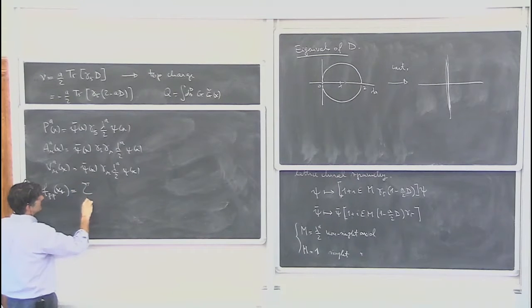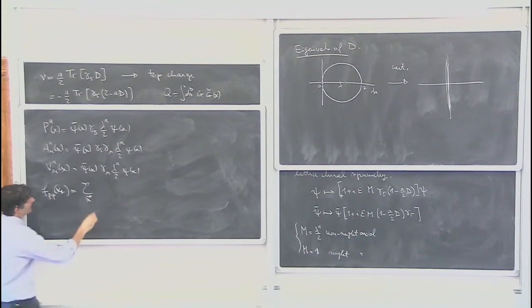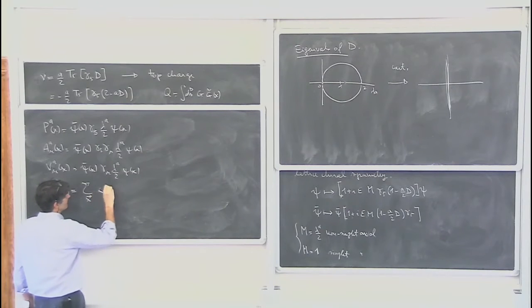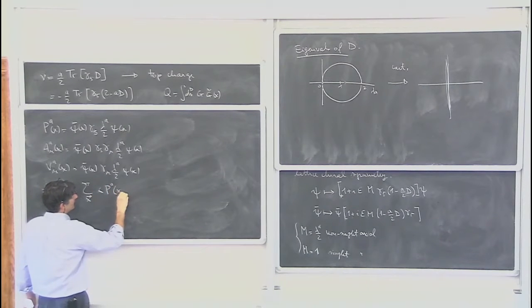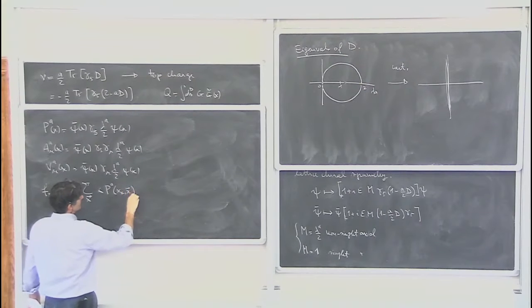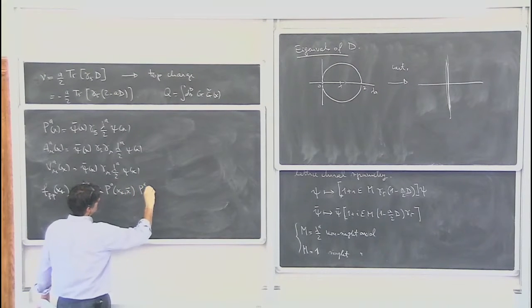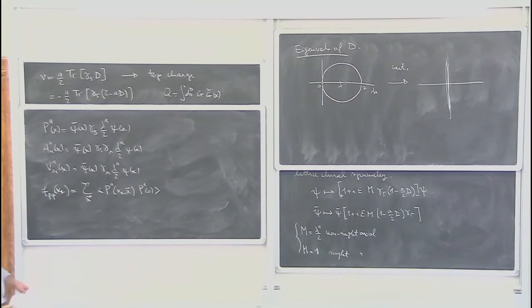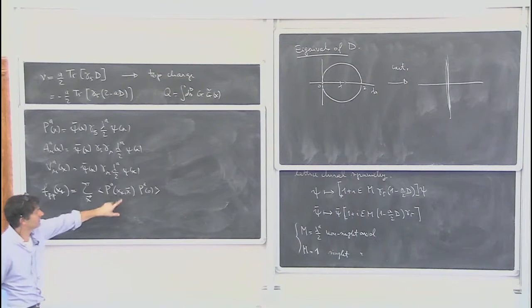This is defined as the sum over all the spatial positions of PA of x4 times PA of 0. So what you compute by numerical simulations is this expectation value here.